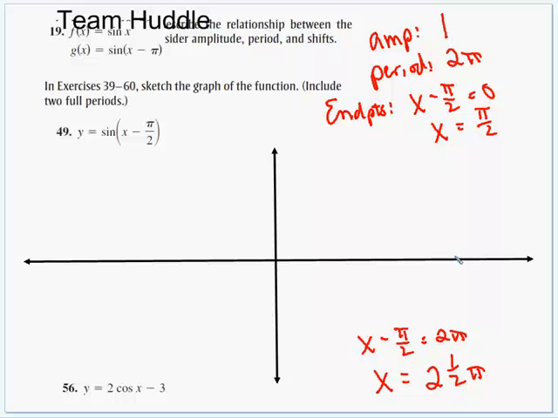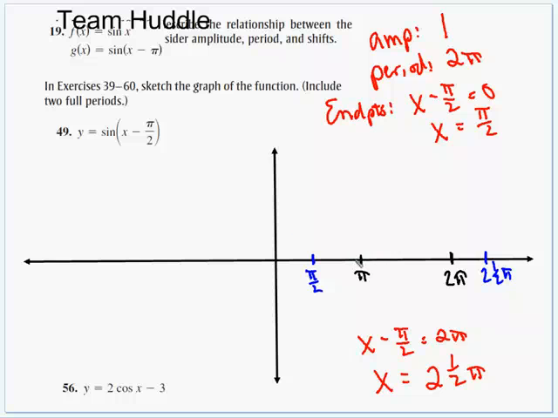So let's see, here's our usual endpoint, 2 pi. And then here in the middle we would have pi radians. I'll use blue for our new endpoints. So our new starting point is not going to be at the origin but at a half pi. And our new endpoint will be at 2.5 pi, right about here.